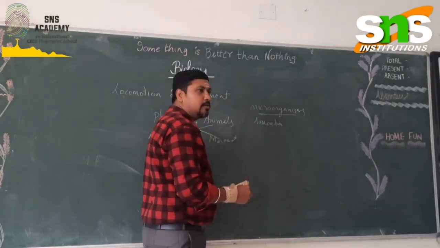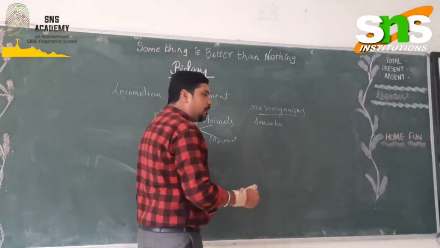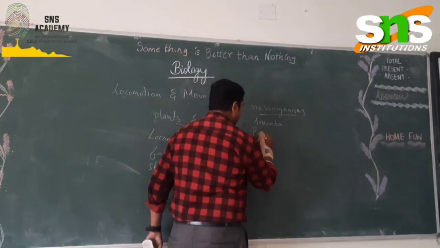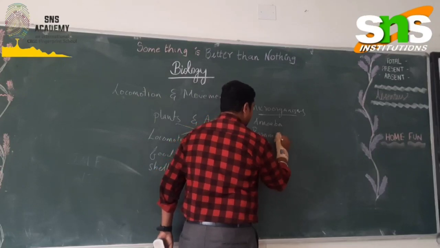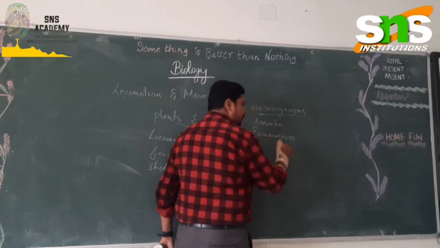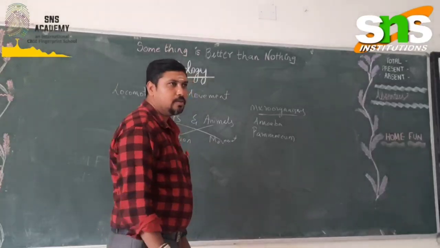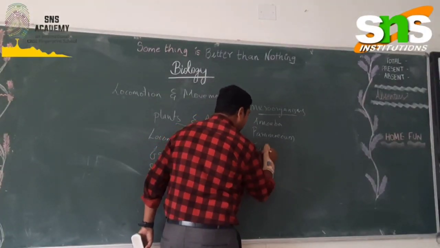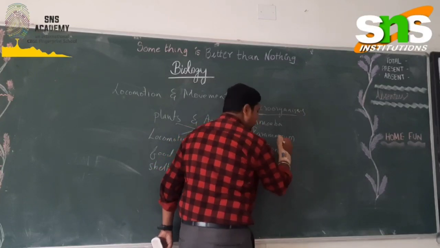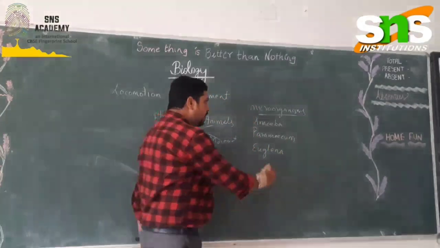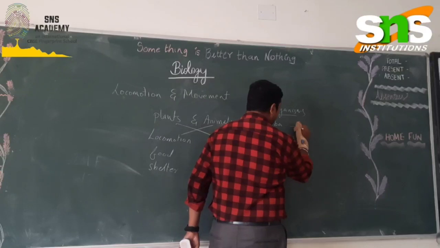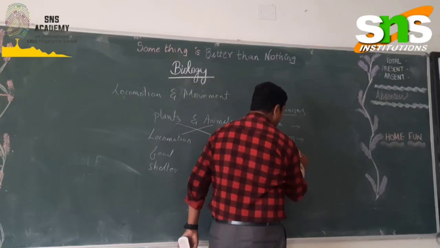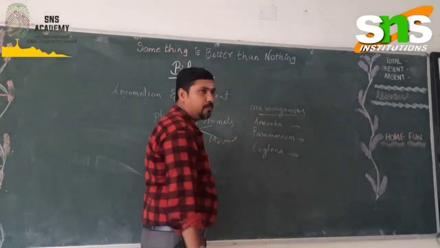And cilia in paramecium. And in euglena, flagella. These are the three major movements shown in lower organisms.